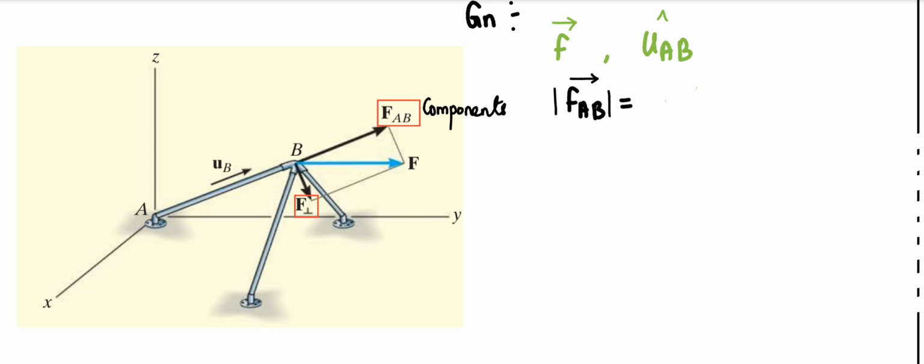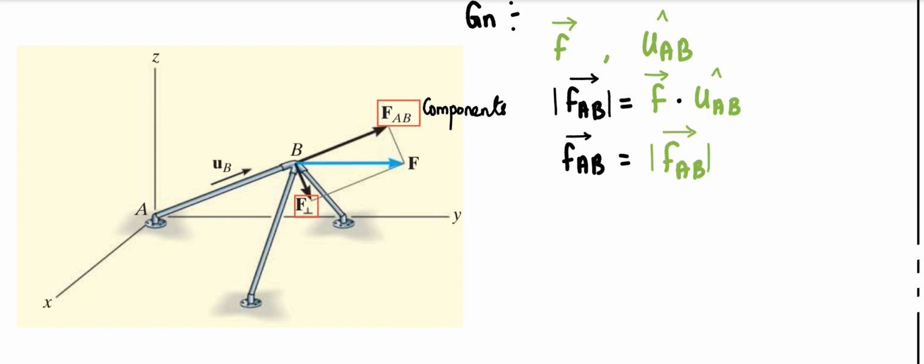Knowing this, it's obvious if we do this dot product, that gives me the magnitude of FAB. So if I want to find FAB vector, I have the magnitude value. I take the magnitude value and multiply it by the direction of AB. So that gives me FAB vector.